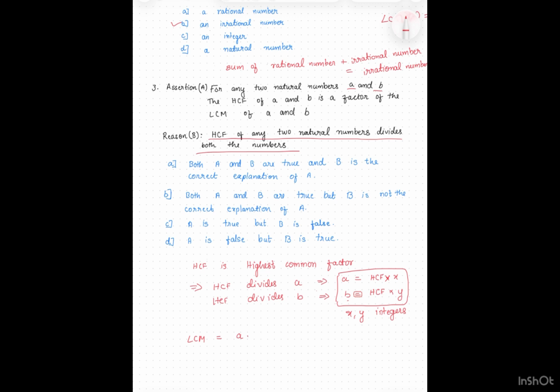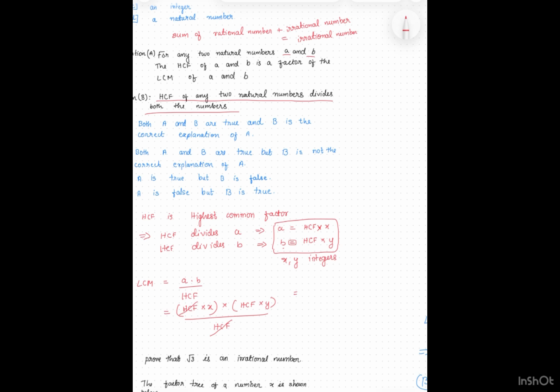LCM is the product of the numbers divided by HCF, that is, HCF into x multiplied by HCF into y divided by HCF. We can cancel one HCF. So HCF into x into y is the LCM.